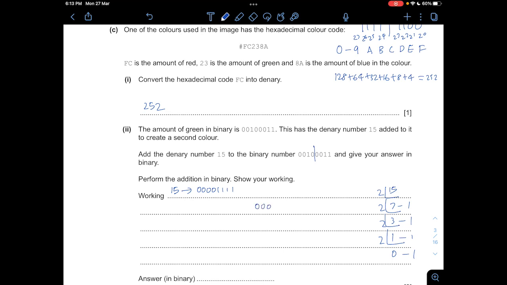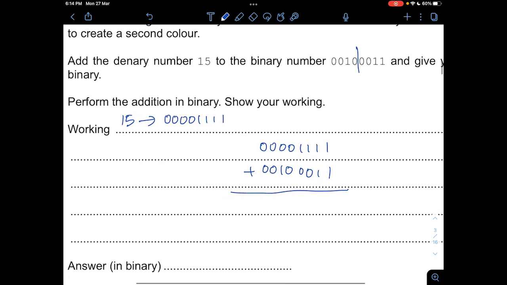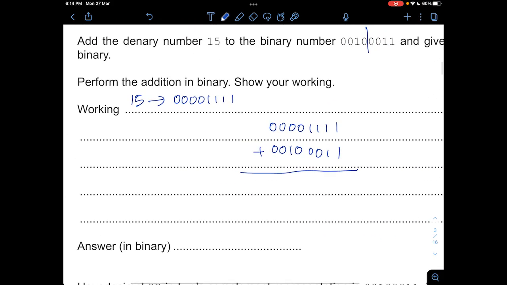So 0000 1111 plus 0010 0011. So when you add this together, 1 plus 1 would be 0, and then you move the 1 to the other side. And 1 plus 1 would be 10, and then 10 plus 1, 11. So you move the 1 to the other side, 1 plus 1, 0. And you move over, there'll be another 1 here. Same goes for the others.